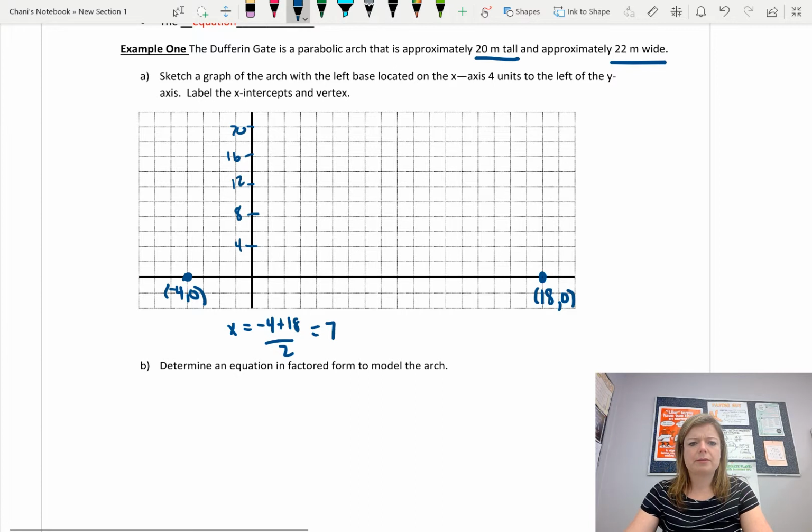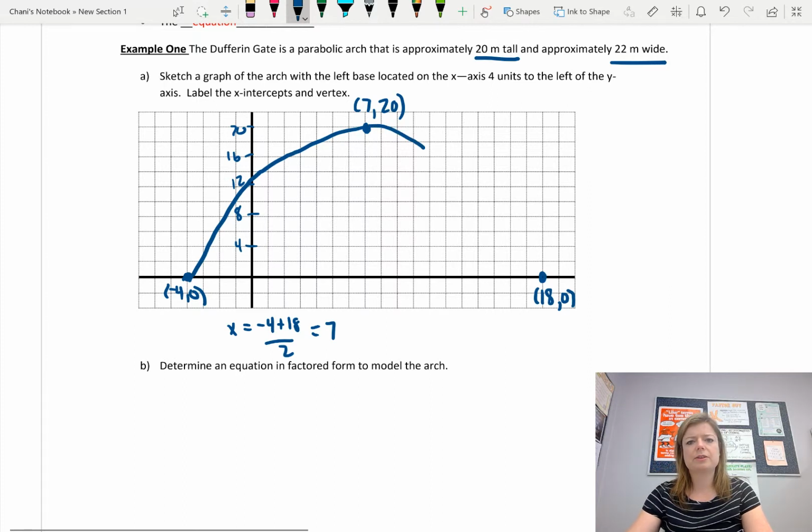So again, 1, 2, 3, 4, 5, 6, 7, right up to 20. So this vertex is (7, 20). Okay, and then we can draw our parabolic arch down.